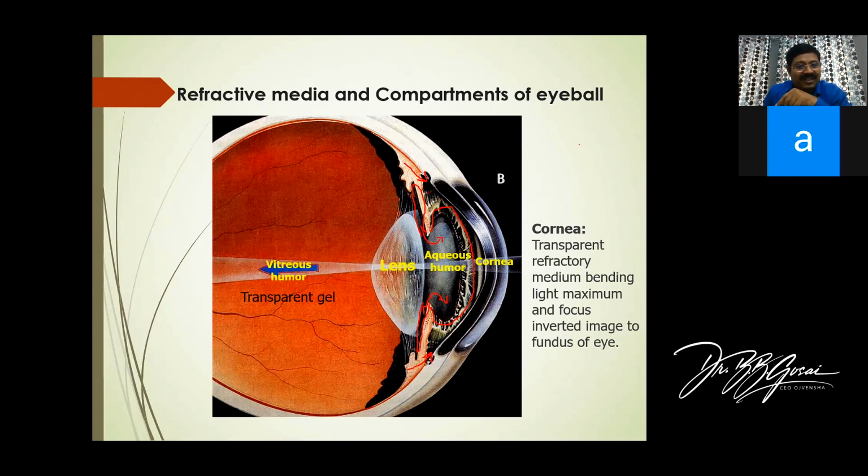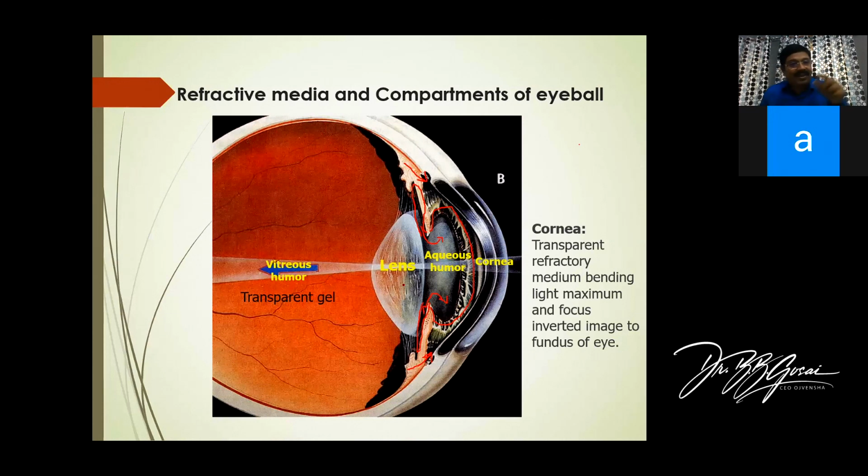When the muscle contracts, the ciliary body goes forwards. Because of this, the distance is shortened, and that's why the fibers will relax here. These fibers will relax and the lens will become thick. This is necessary when you are reading. So when you are reading, the eyes converge and the lens becomes thick.